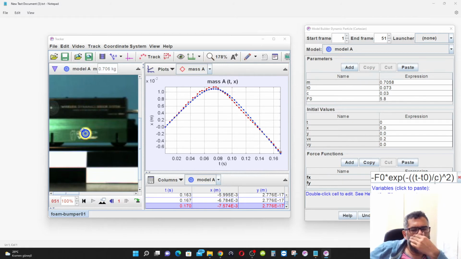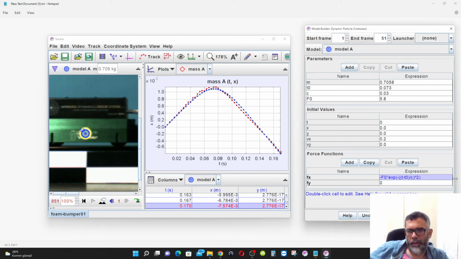There is also another type of function that produces this bell-shaped curve. And this looks more like a Gaussian. I mean, this kind of exponent, some parameter squared, is known as a Gaussian in math.